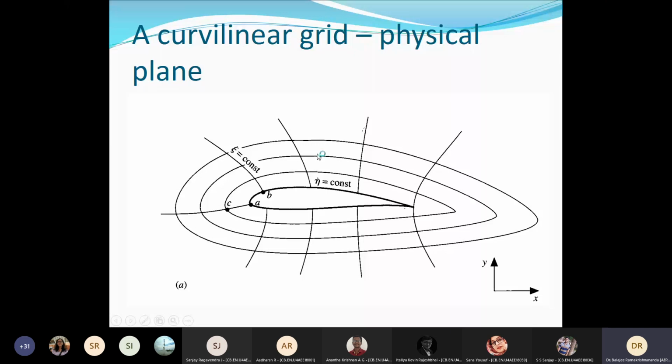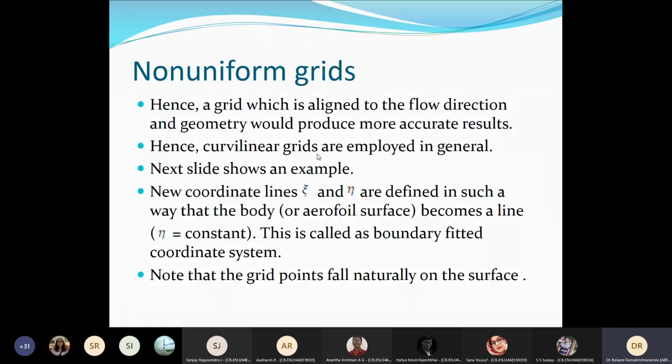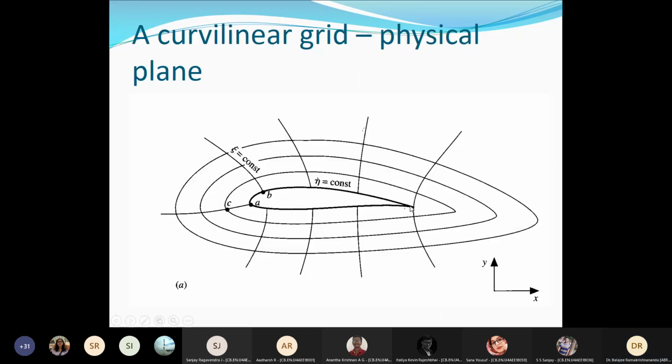So new coordinate lines xi and eta are defined in such a way that the body or the airfoil surface becomes a line of eta constant, or this becomes your new x-axis or xi-axis. Then when xi increases, you have these lines.